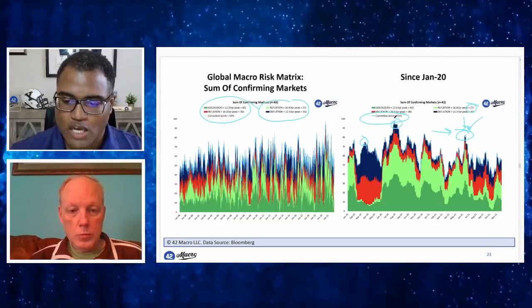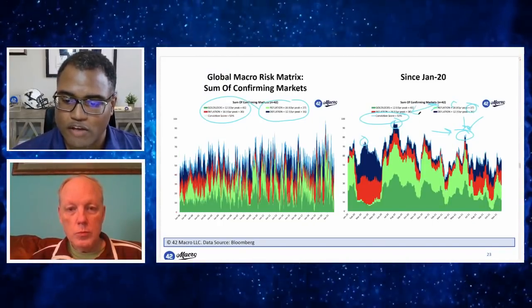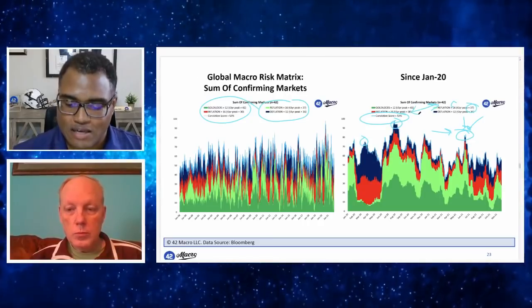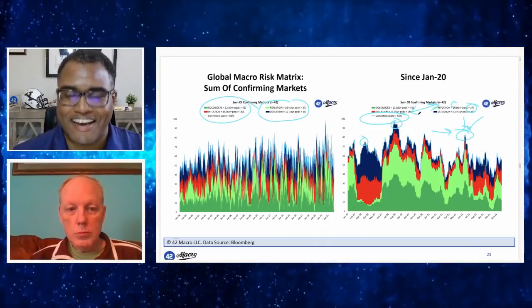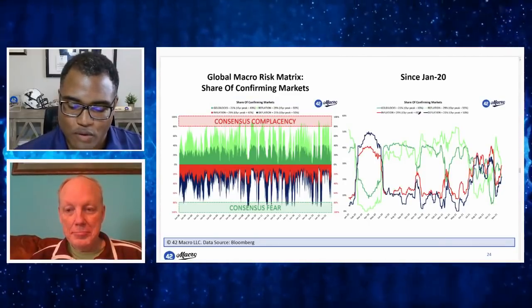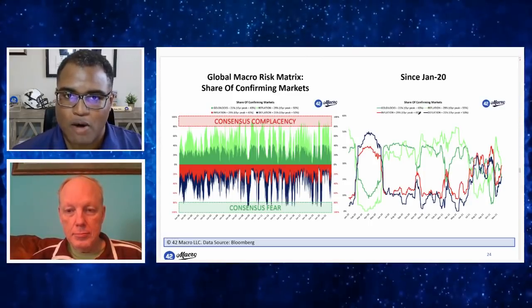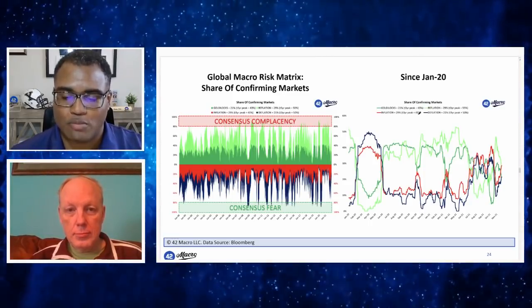Moving along in the presentation, this slide here shows our share of confirming markets. So the sum of confirming markets: when I put this presentation together, inflation and reflation were tied at 16. I'll give you a spoiler alert, it's no longer tied. You can probably guess which one it is now. But the reality is, what we're trying to do is help you further understand what that actually means in market pricing terms and how to actually position for that.